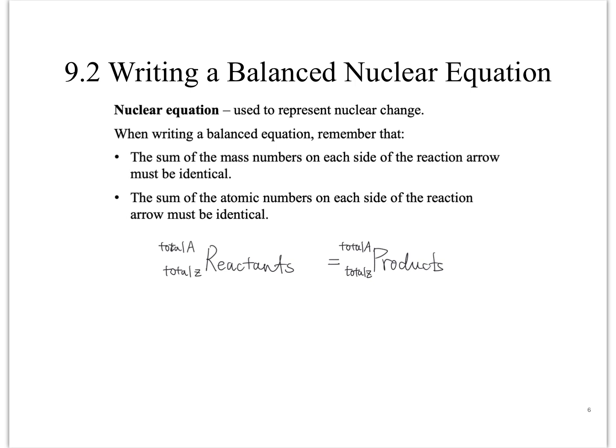So what does that mean? We are going to look at one simple example based on this idea that the total atomic number is the same on both sides, and the total mass number is the same.